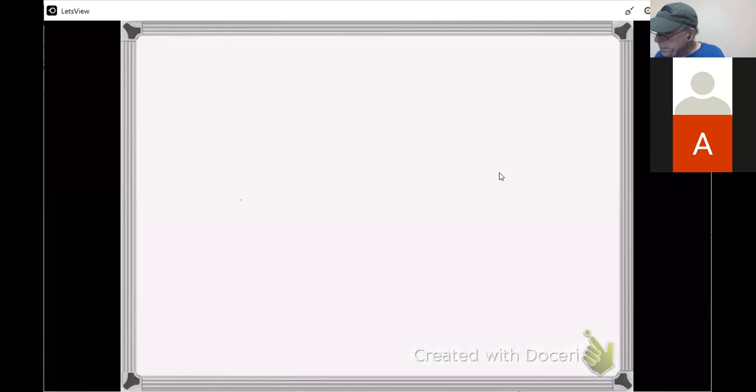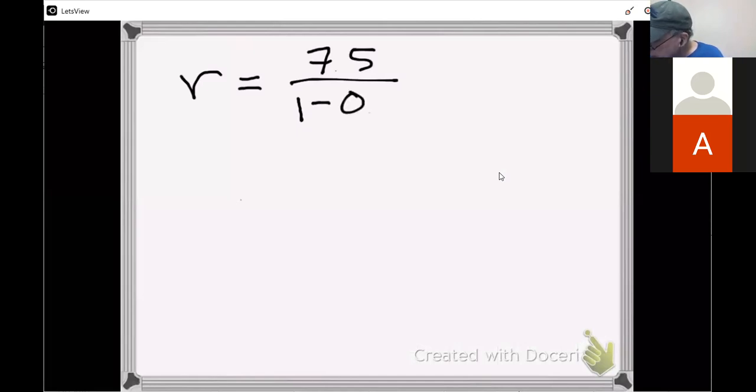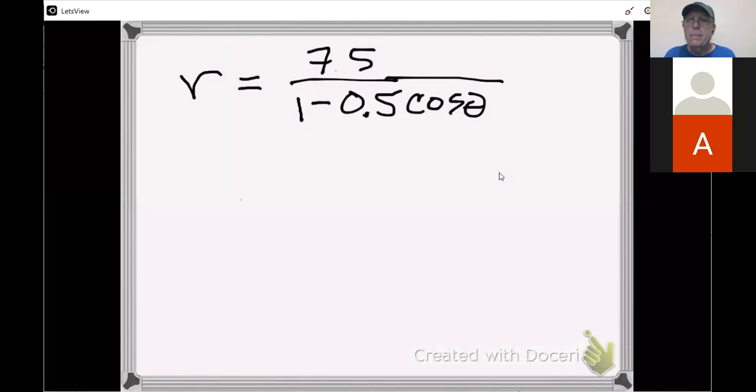There, whiteboard. Okay, now here's the equation that we had. We had r equals 7.5 over 1 minus 0.5 cosine theta, right? Okay, now here's the general form of the equation of an ellipse.